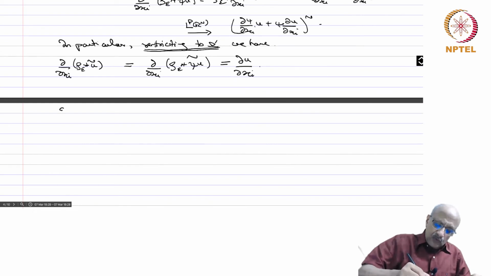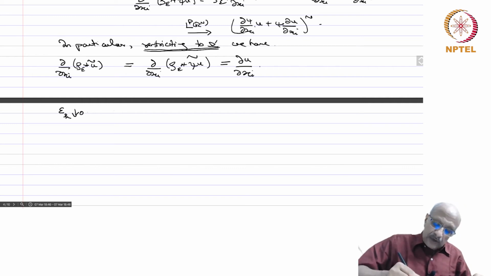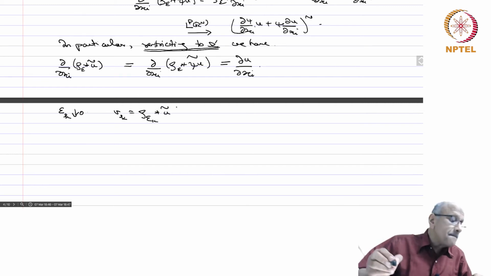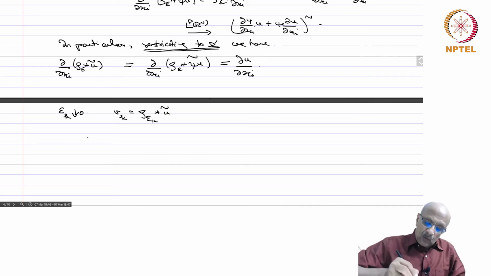Okay. So now you choose epsilon k to be a sequence of real numbers going to 0, and then you take Vk equals rho epsilon k star u tilde. Then what do you know?